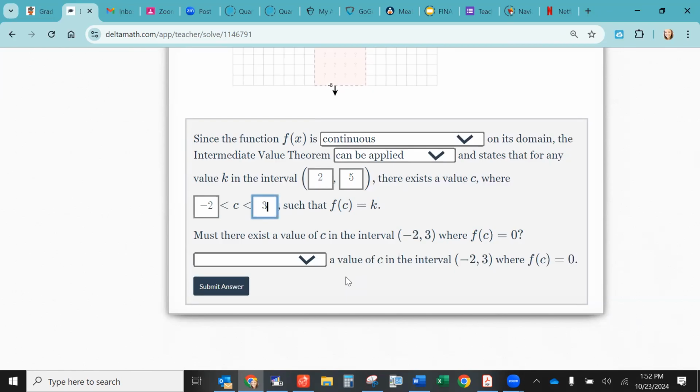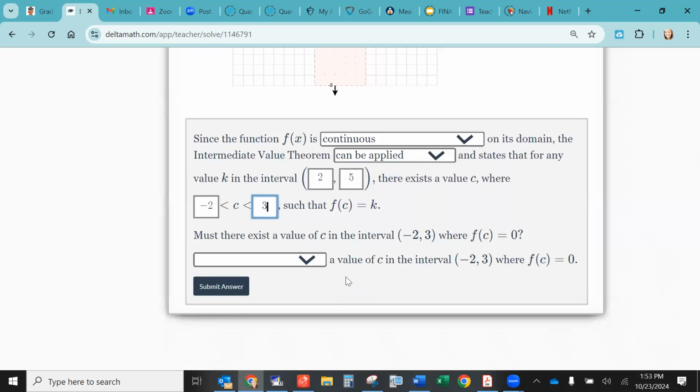Now go down to the last part. It says, what about 0? Can I promise that 0 is going to happen? Well, then think to yourself, is 0, that's my k, between these two numbers? If I have to stay between 2 and 5, and they pick 0 as my y value, does IVT promise that number will happen?